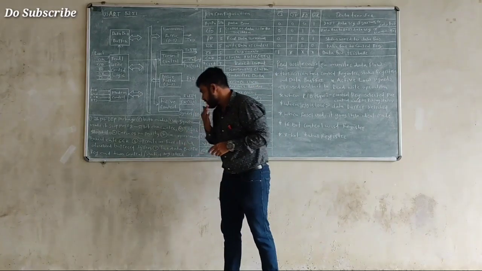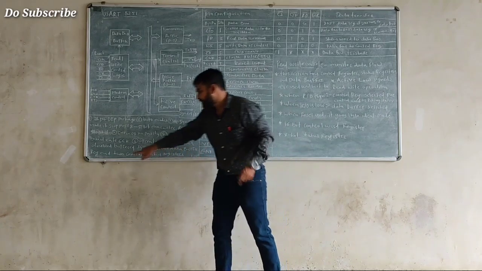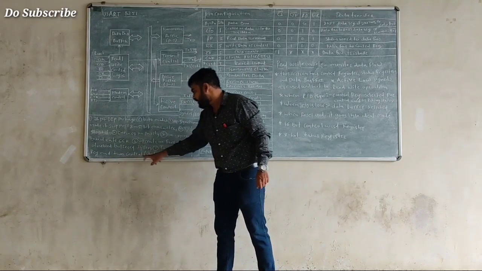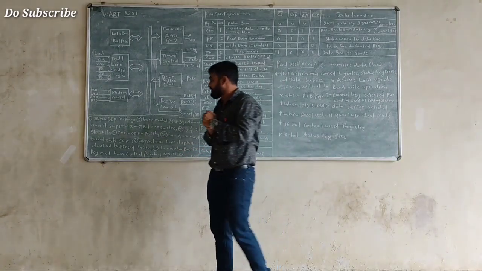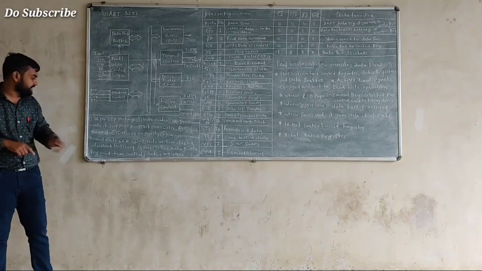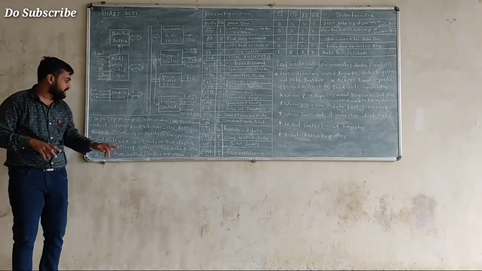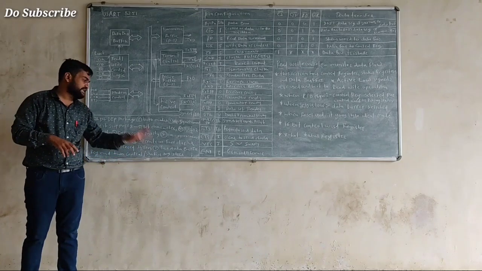Then the data buffer register and two control status registers are available in your USART. So we have a total of three registers there: data buffers, and with that we have the control and status registers.